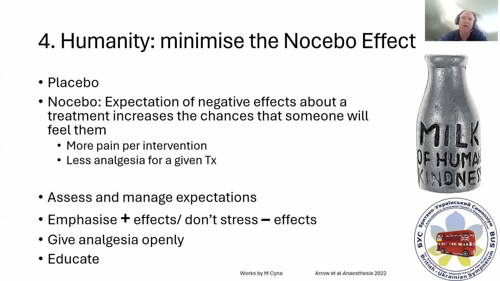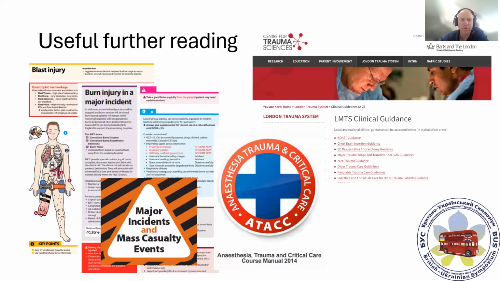And you should give analgesia openly. So show the patient you're giving them a variety of different analgesic effects and educate them about those benefits. And they will get more benefit from analgesia. And you can see more about this from the works by Mike Siner, which is in the portfolio of information that I've provided for you at the end of this talk.